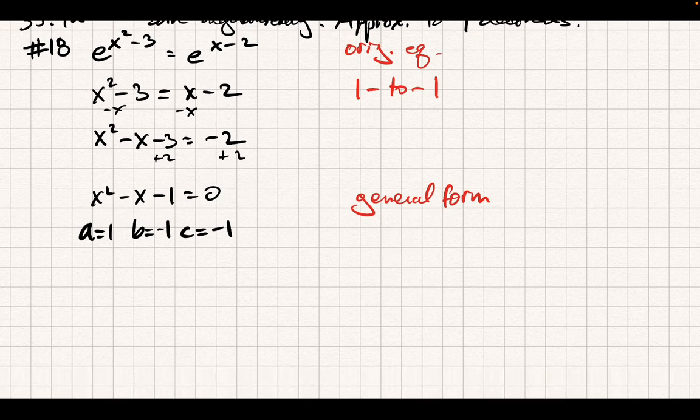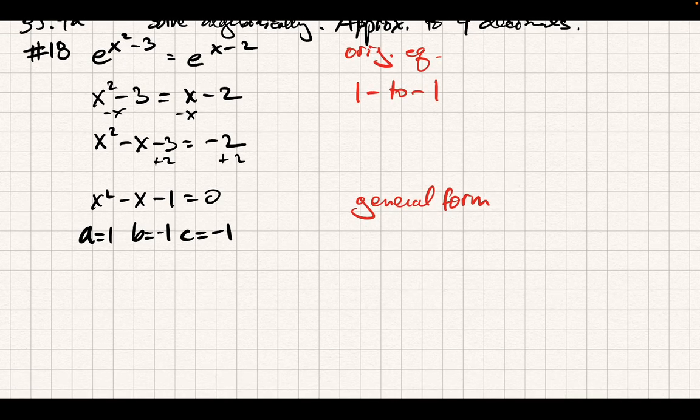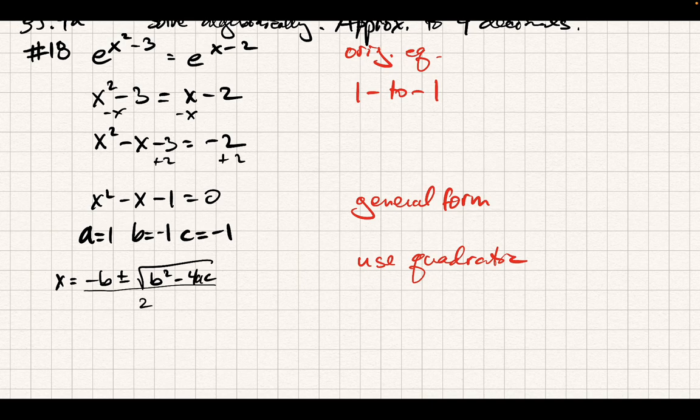So let's go to the quadratic formula. What's the quadratic formula? x equals negative b plus or minus the square root of b squared minus 4ac, all over 2a.